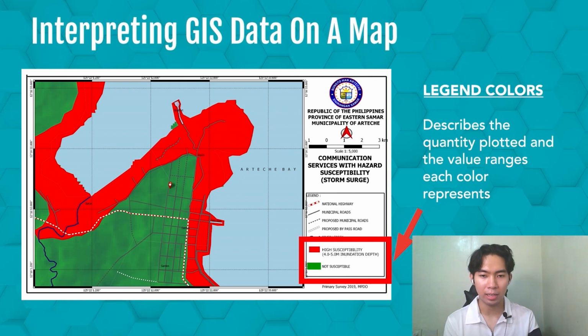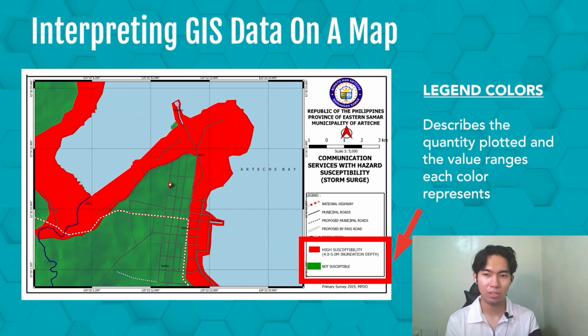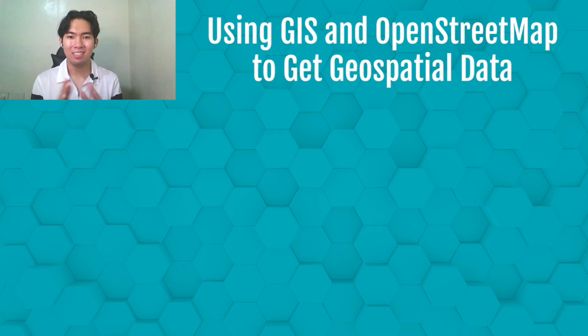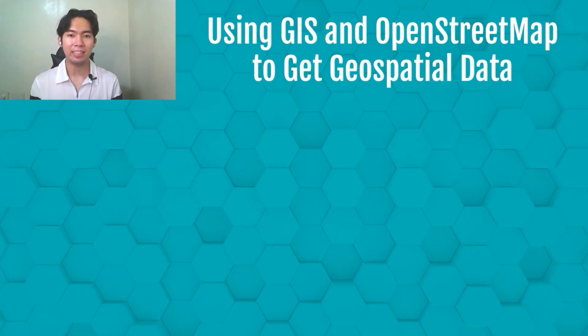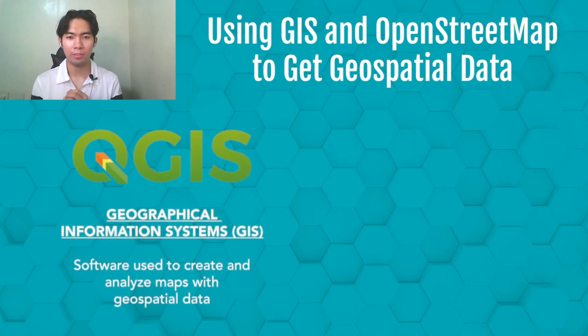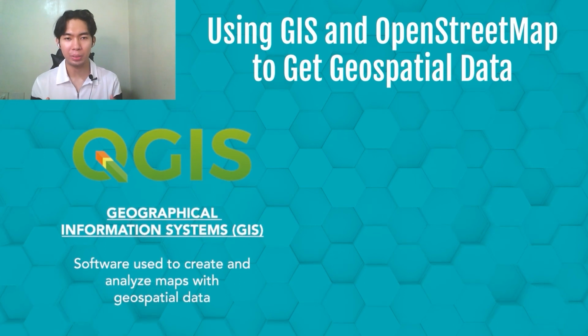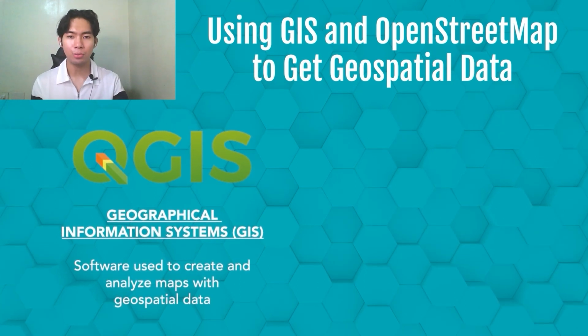So ito po sila yung areas near the shoreline. While those in green, here, the areas further inland, are not likely affected by storm surge. So now you may ask, how are these kinds of maps generated? So there's special software po called GIS or Geographic Information Systems, and they are used to plot these maps.